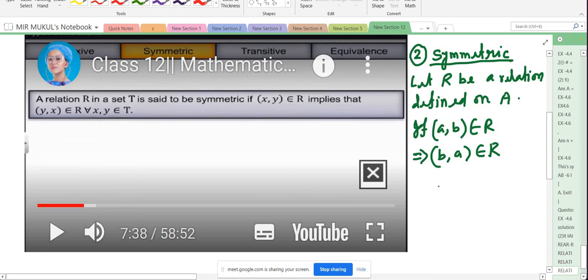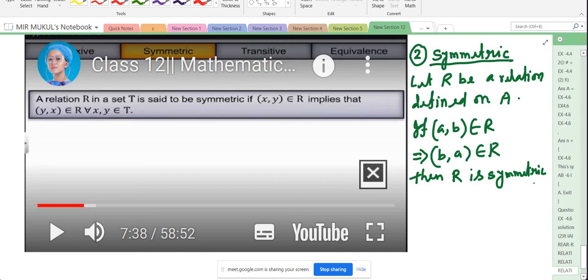Here I am not saying all elements of A. If (a, b) belongs to R, then (b, a) should belong to R. Then we can say that R is symmetric. So here you will check in a relation, if the ordered pair (a, b) is there, then (b, a) should also be there.